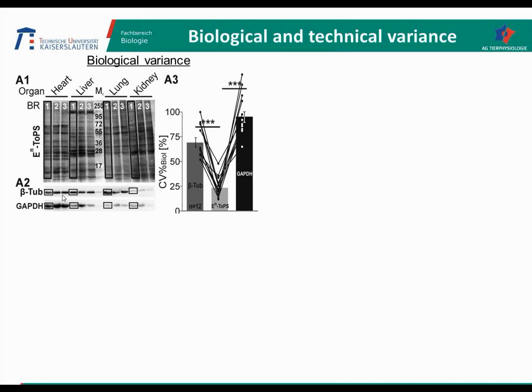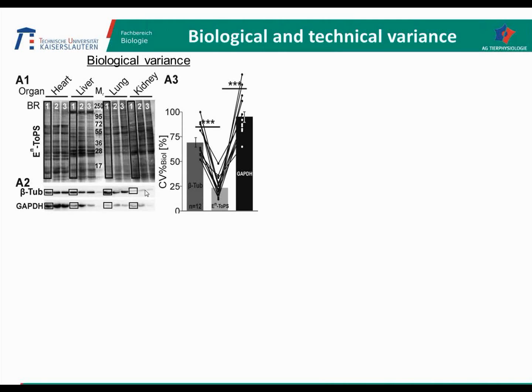And you see already by eye that tubulin and GAPDH have a relatively strong variance, because the tubulin signal in heart and in liver is significantly stronger than in kidney, for example. So this clearly speaks against the general assumption that housekeeping proteins are equally expressed.